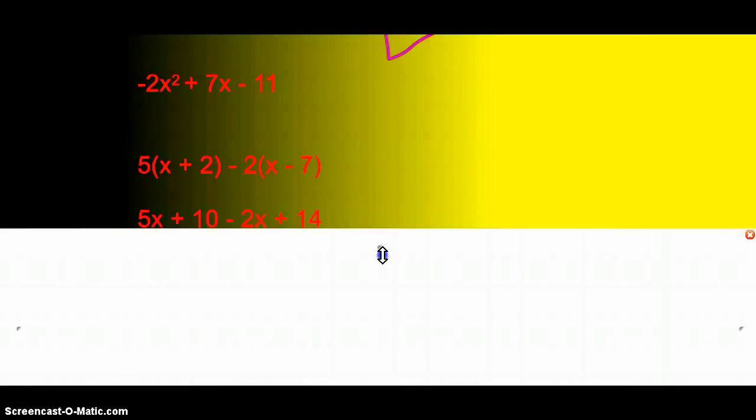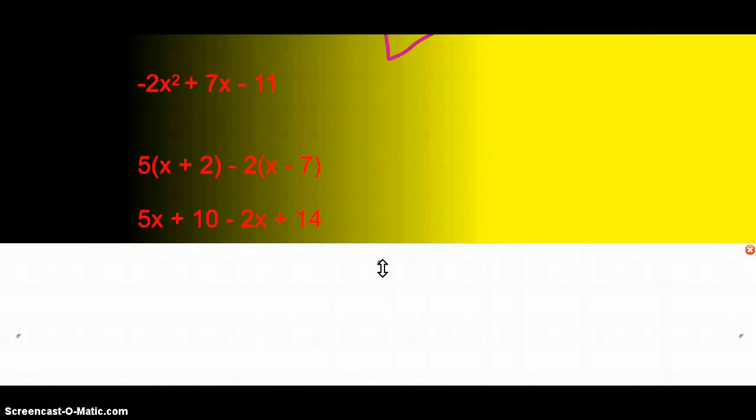So when I go to distribute that, I get 5x plus 10, which most people would get, and then the second parenthesis simplifies to negative 2x plus 14, because we have to do the negative 2 times the negative 7, giving us a positive 14. So then we can put those together just like we normally would, and I believe the answer then would be 3x plus 24. So this is what we're going to do in class tomorrow.